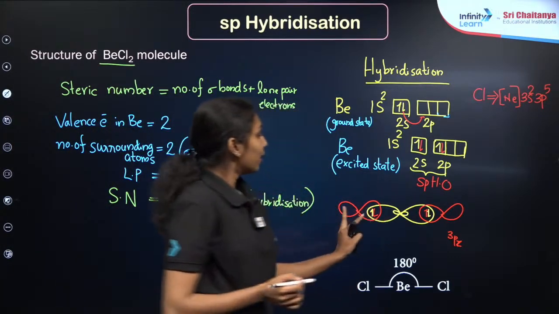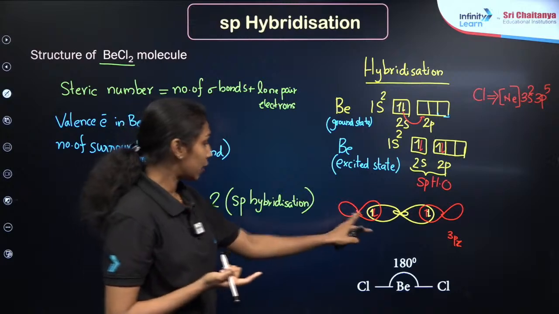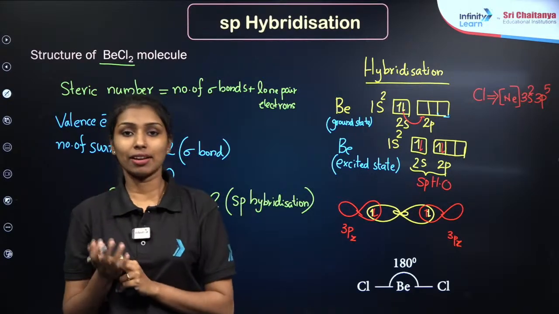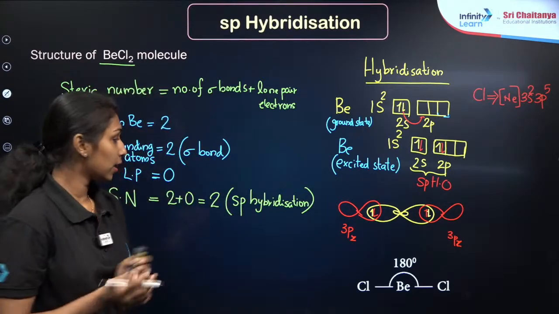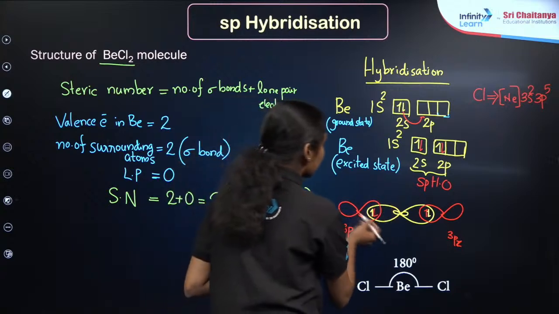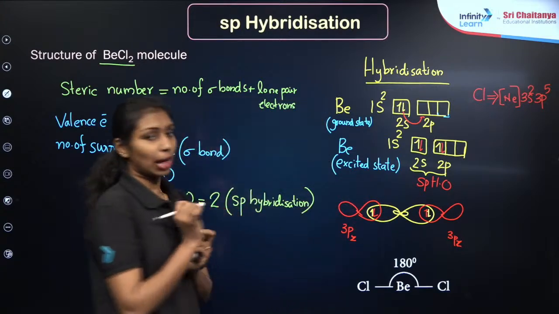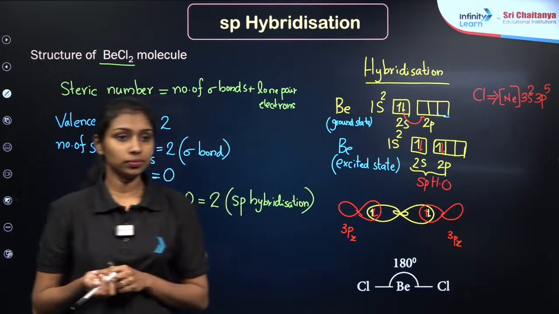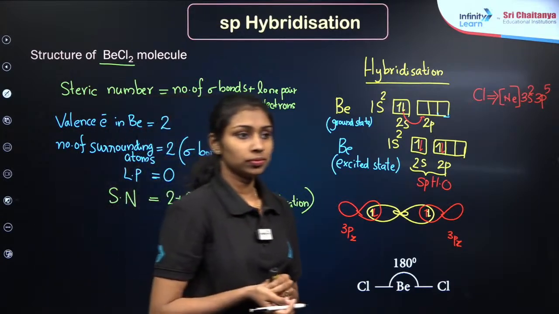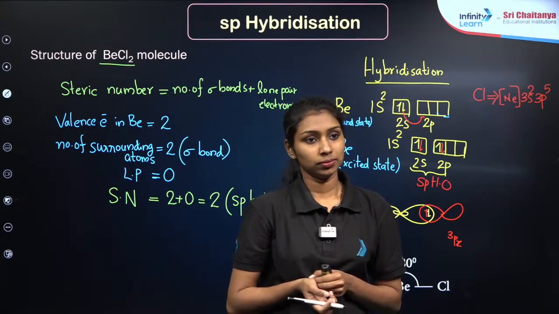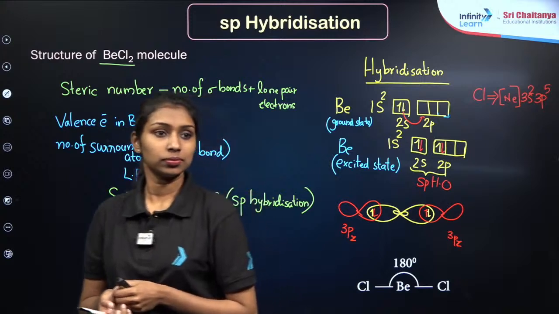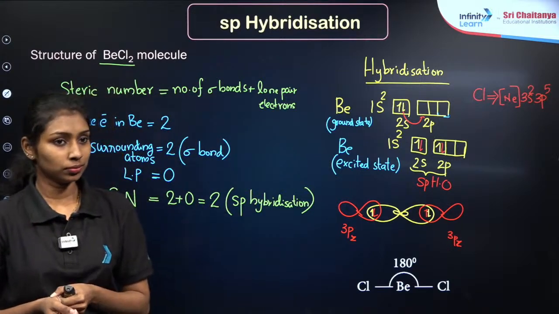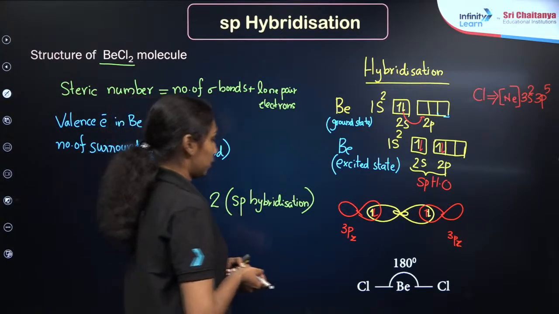So, whether it is an axial overlapping or sidewise overlapping. Our previous class we had discussed about the sigma and pi bond, right? This is the axial overlapping. Axial, right?